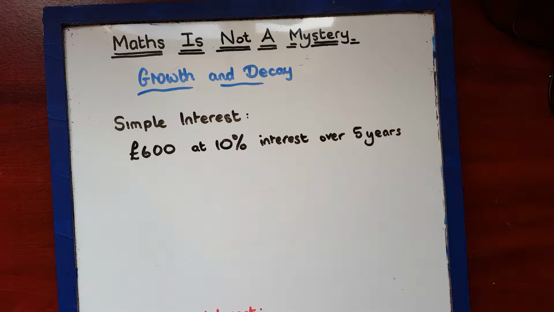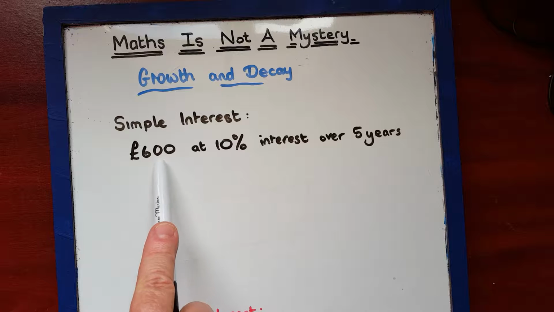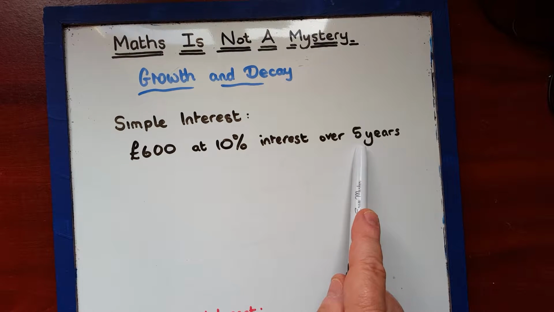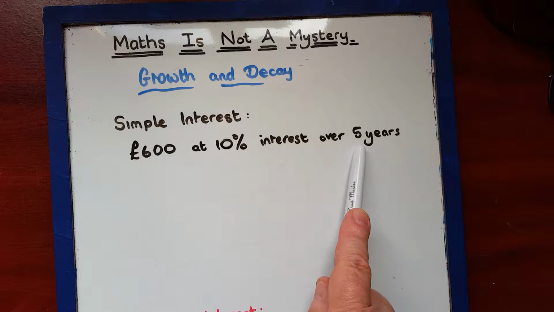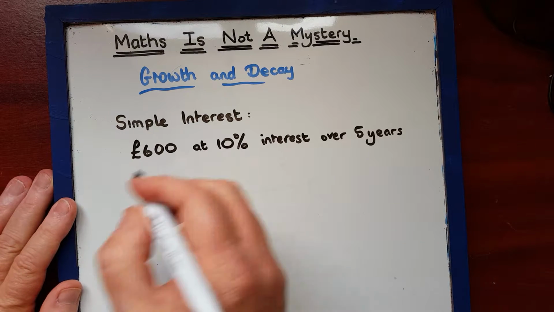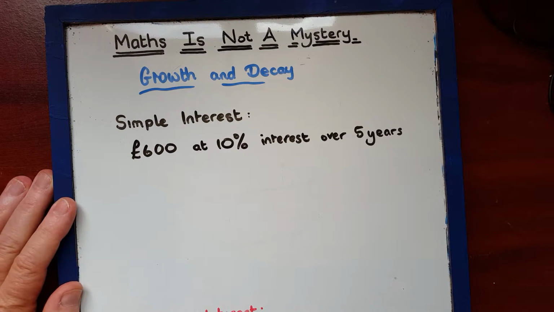You need 3 elements. You need your original amount, you need your percentage, and you need what we call the term. The term is the length of time that we're talking about. When it's simple interest, it's quite easy to do. I've chosen numbers that you can do in your head, but obviously harder numbers you would be doing on a calculator. So you're going to find 10% of £600.